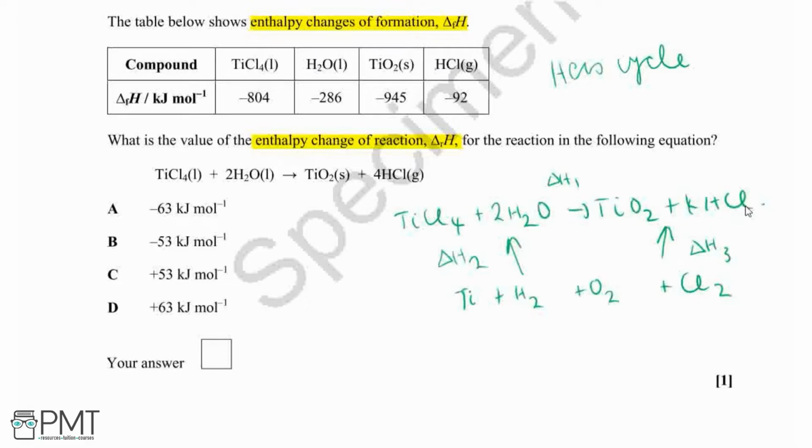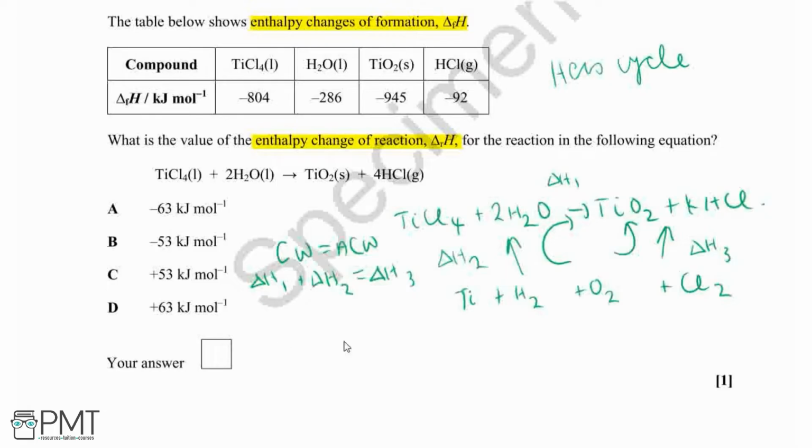And now let's do our Hess cycle calculation. So with our Hess cycles, our clockwise arrows are equal to the anti-clockwise arrows. And if I just slightly bend these arrows a bit, what we can see is that enthalpy changes 1 and 2 are going in the same direction, they're going clockwise, and enthalpy change 3 is going in the opposite direction, that's going anti-clockwise.